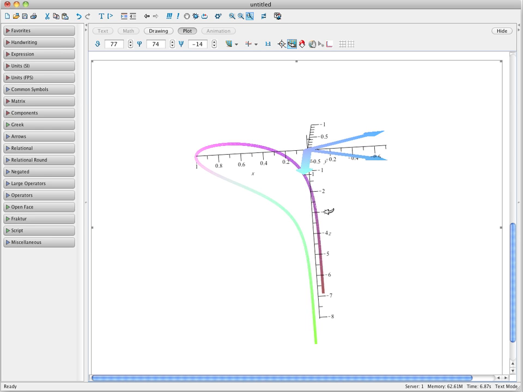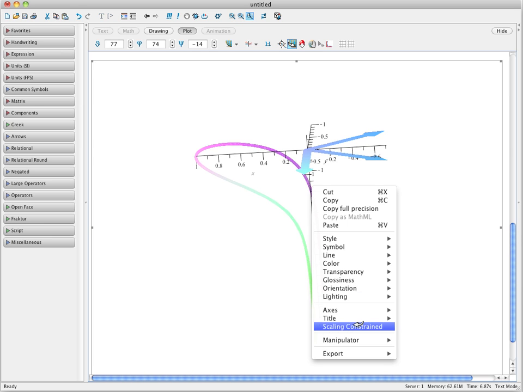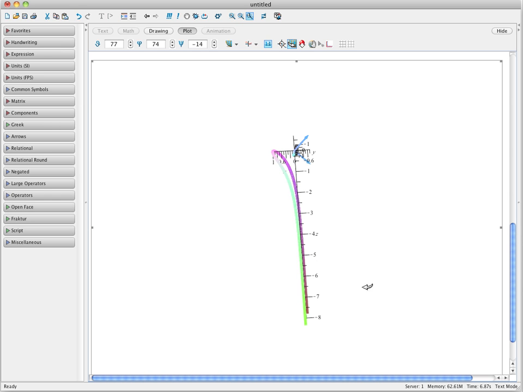So the axes are not at the same scale. So let's go ahead and I'm going to right click on it and scale constrained. Now 1 on the y-axis is the same as 1 on the z-axis.